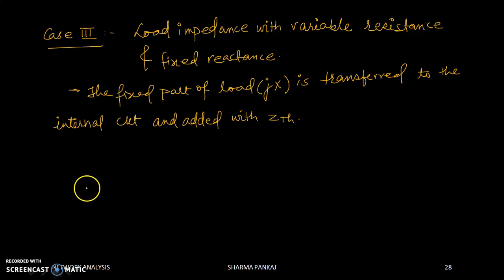This is your diagram. This is VTH. This is the internal impedance value, that is ZTH is equal to RTH plus jXTH.